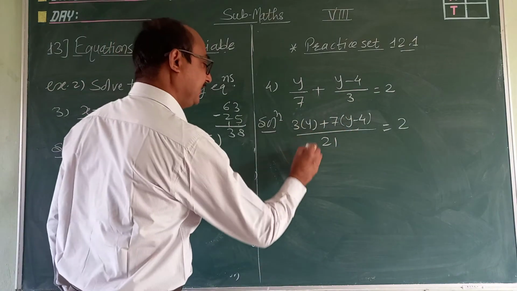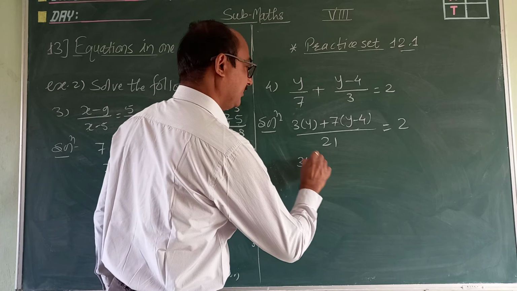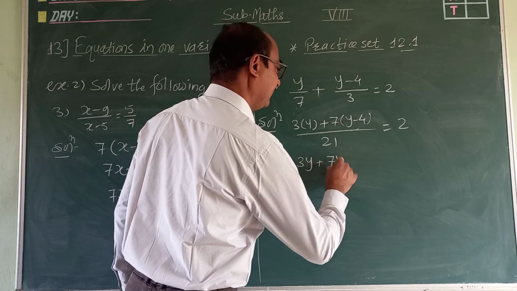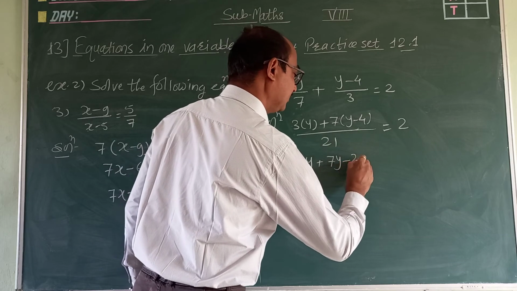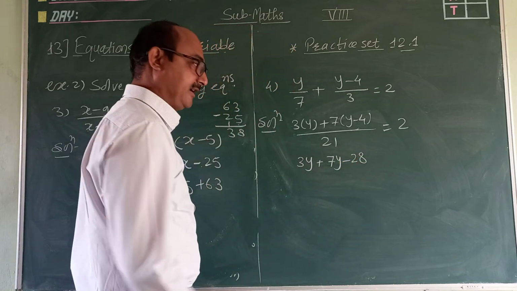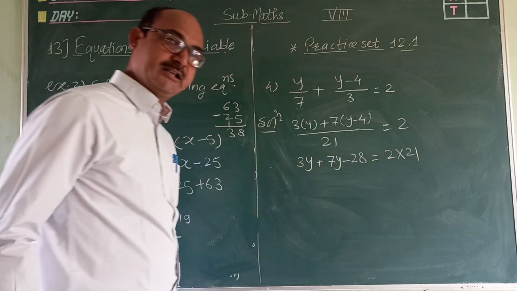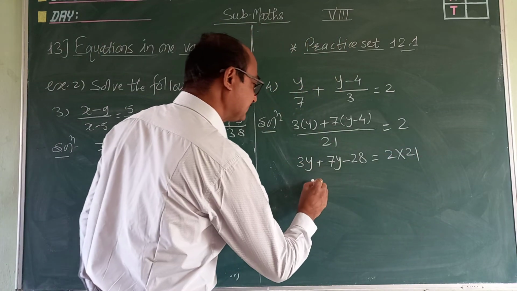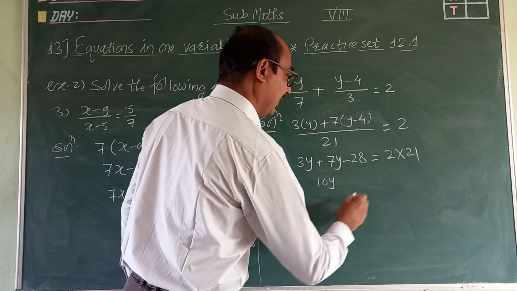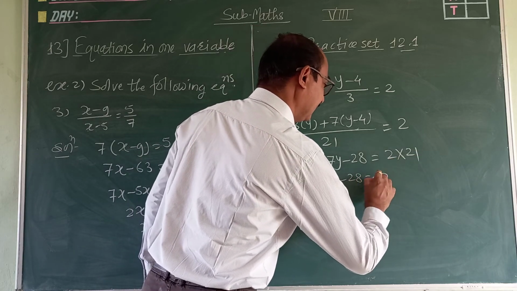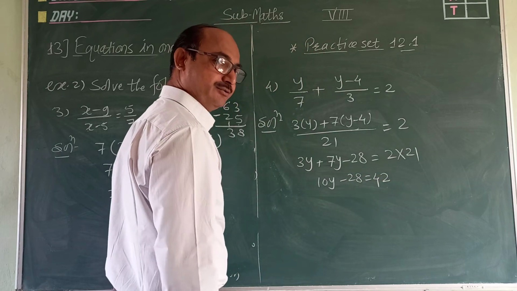Then 3y, multiplication, plus 7 into y, 7y, 7 into minus 4, minus 28. This 21 is divided; when it goes to that side, multiply. 3y plus 7y, 10y. This minus 28 equals 42, 21 2s are 42.